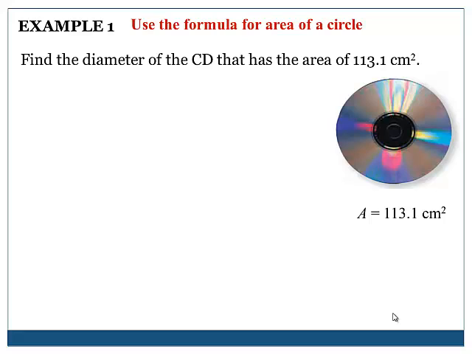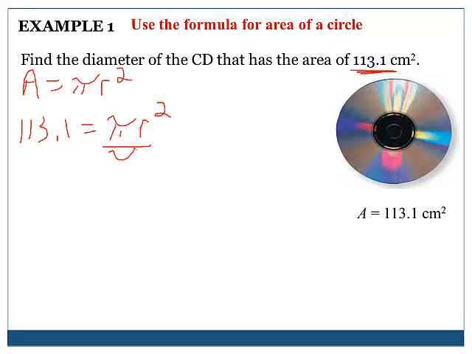Let's use this formula to find the diameter of the CD that has the area of 113.1 centimeters squared. To do this, we need to find the diameter. Since we're looking for diameter, we should do area is equal to pi r squared, and we're given the area of the CD, so we'll plug 113.1 in for the area, set that equal to pi r squared, and we can divide by pi on each side.